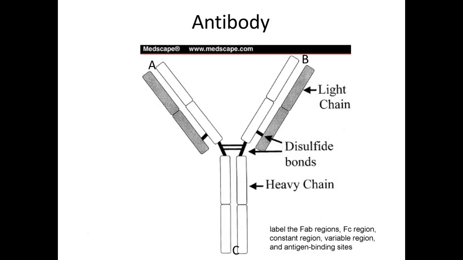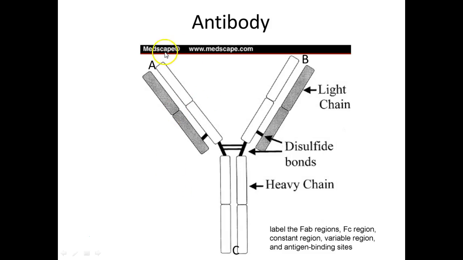Each antibody is made up of 4 smaller proteins: 2 light chains, represented here by the shaded ones, that are identical, and 2 heavy chains, the clear, non-shaded ones, which are also identical. These 4 come together to form the whole structure we refer to as an antibody.